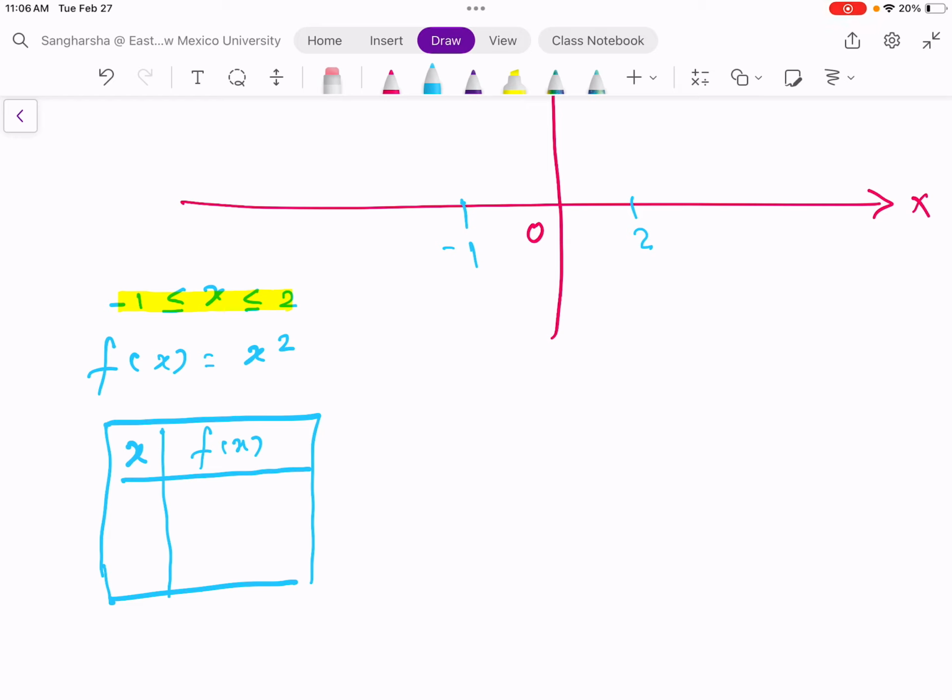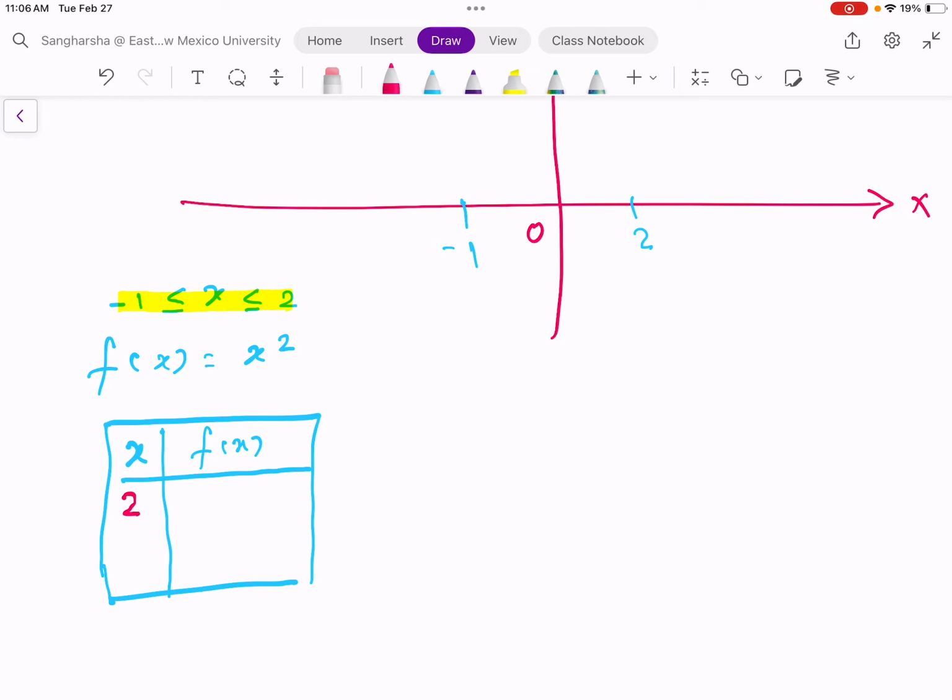Now what kind of input can we choose for this function? What x can you choose? 2. Okay, so let's choose x equals 2. What will be the output?